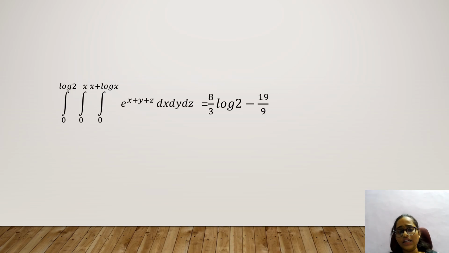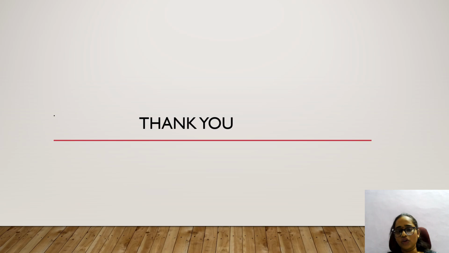So the answer for the solution of the triple integral of 0 to log 2, 0 to x, 0 to x plus log y, e to the power x plus y plus z, is 8 by 3 log 2 minus 19 by 9. And thank you.